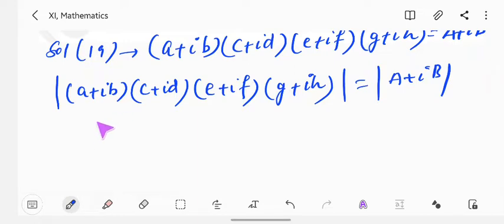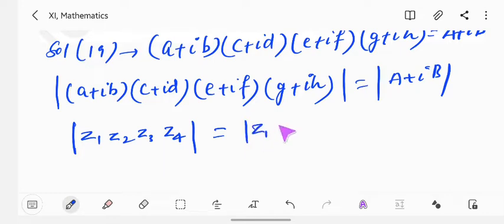As we know that mod of z1, z2, z3, z4 can be written separately as mod z1, mod z2, mod z3, and mod z4, and so on if there are n number of complex numbers taken together with the product.